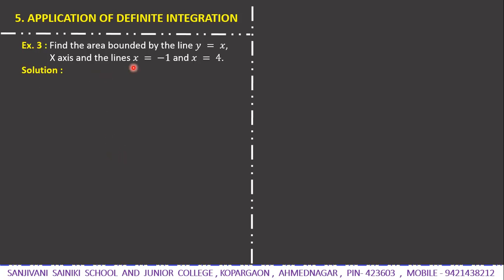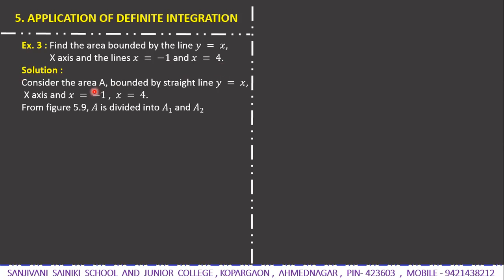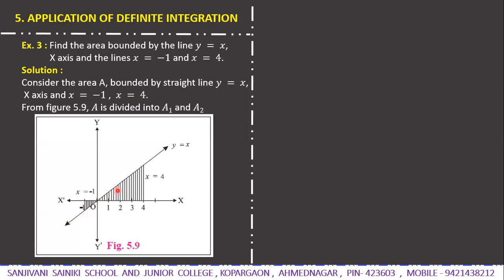Now find the area bounded by the line y is equal to x, the x-axis, and the lines x is equal to -1 and x is equal to 4. Consider the area A bounded by the straight line y is equal to x, which is also bounded by the x-axis, and the lines x is equal to -1 and x is equal to 4. This is the line y is equal to x, and we want the area between the lines.